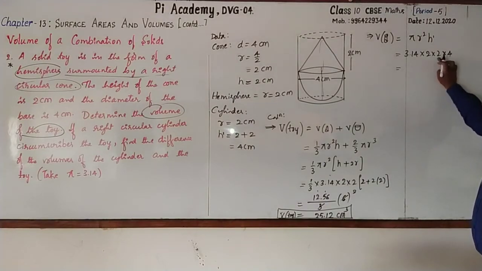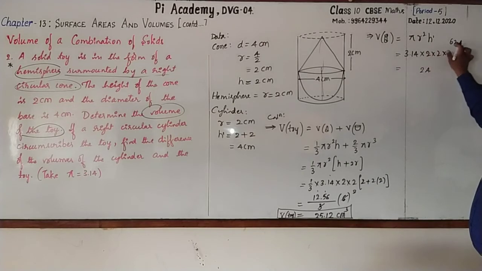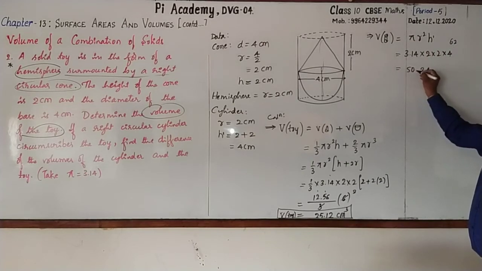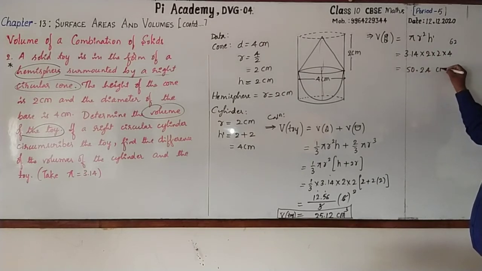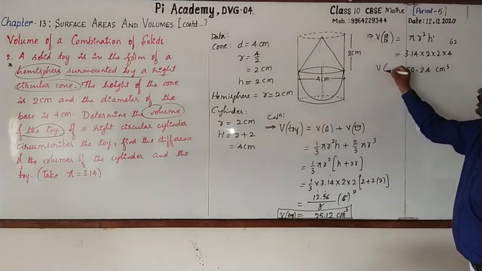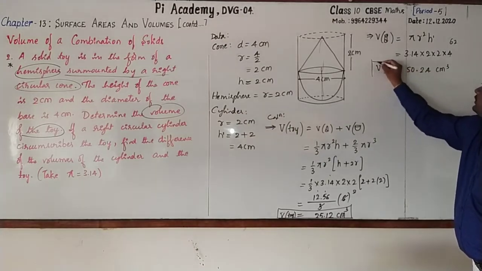Now here 4 2s are 8, 8 2s are 16. 16 4s are 64, 6 is the carry. 16 1s are 16 plus 6, 22, 2 is the carry. 16 3s are 48 plus 2, 50. 50.24 centimeter cube. Volume of cylinder.